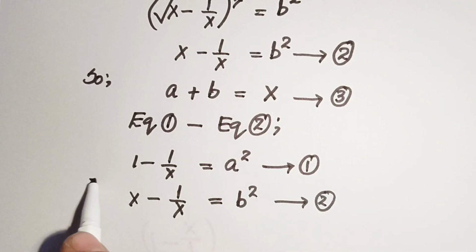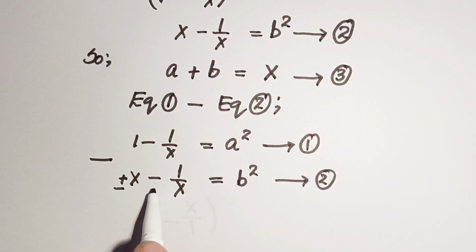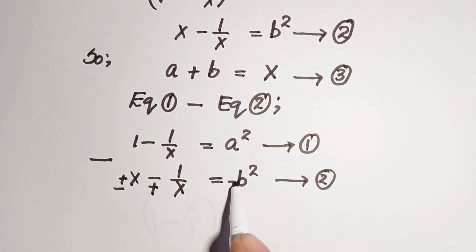So we are going to subtract this equation. Here the positive sign will be converted into negative, then the negative will be converted to positive, and this positive will be converted into negative.